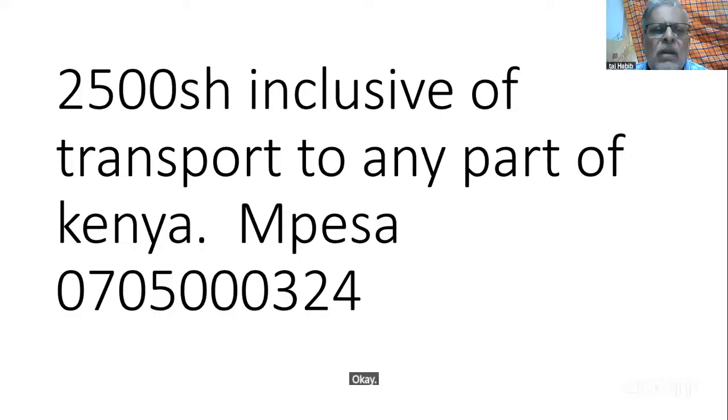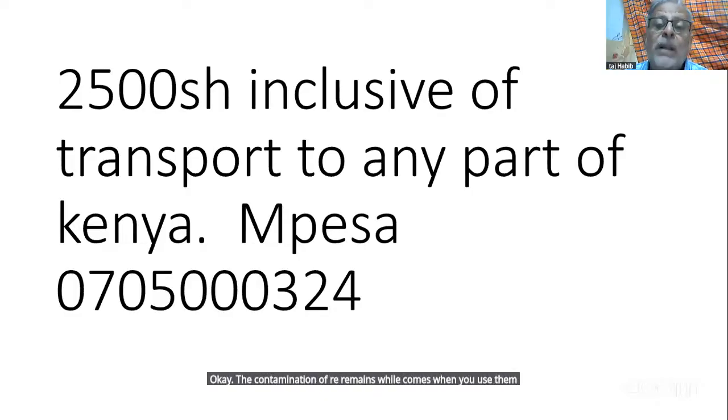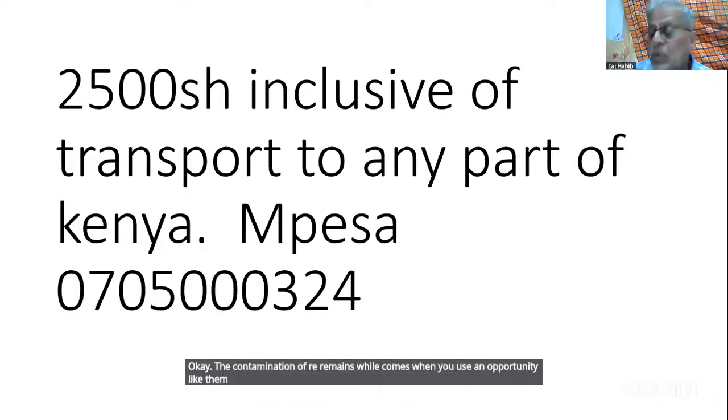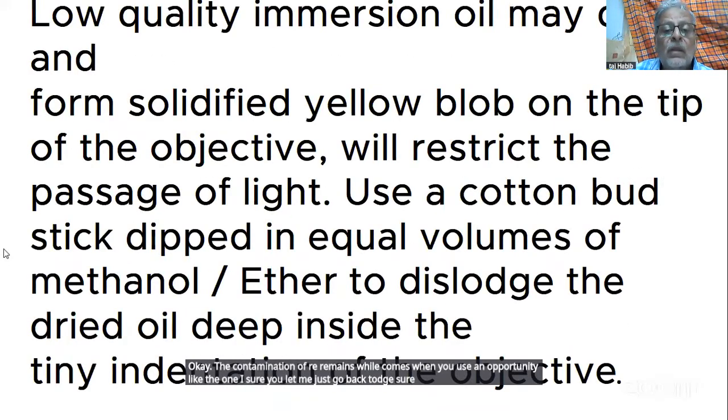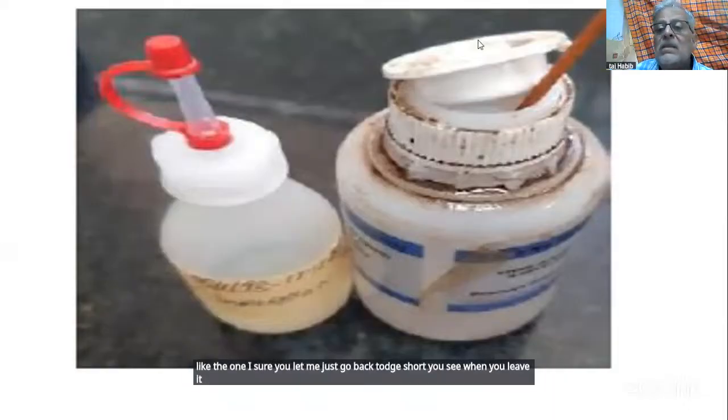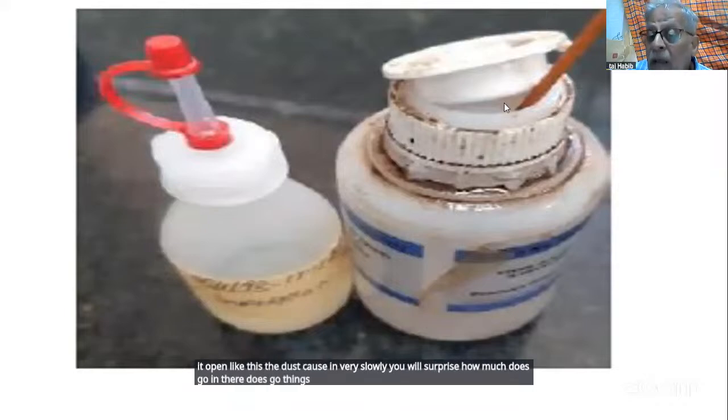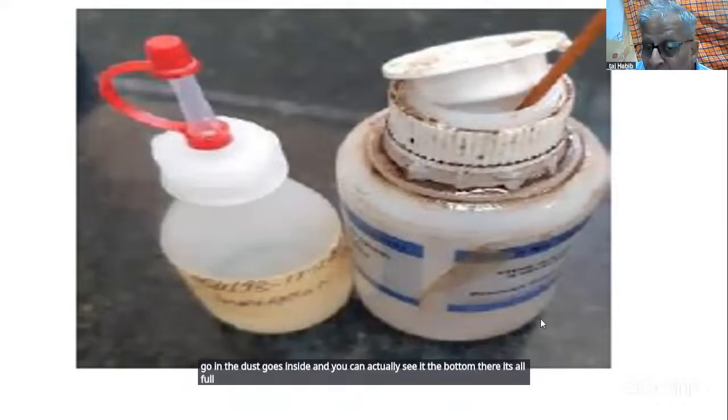The contamination of immersion oil comes when you use an open bottle like the one I showed you. Let me just go back to that shot. When you leave it open like this, the dust goes in very slowly. You'll be surprised how much dust goes in, and you can actually see at the bottom there, it's all full of brown ring.